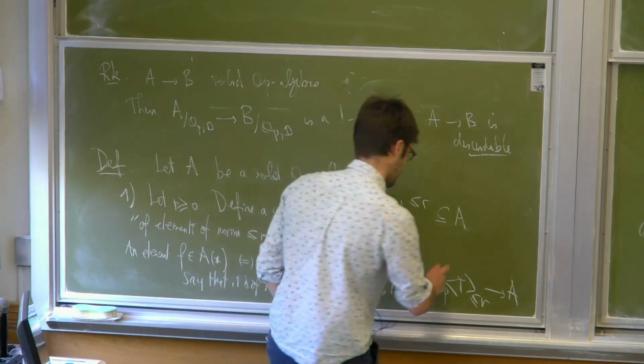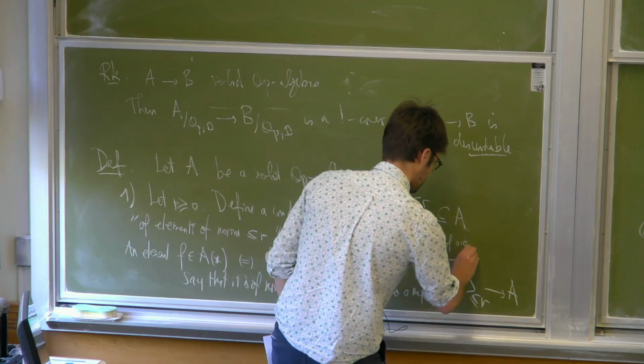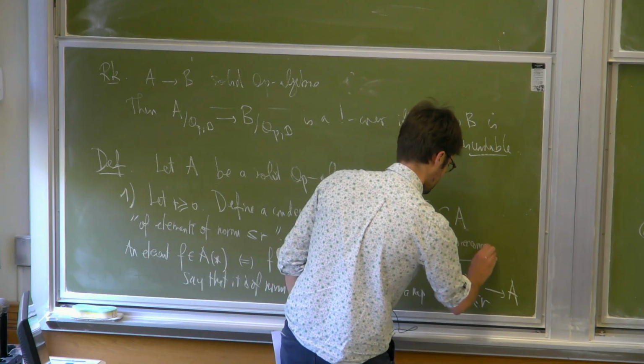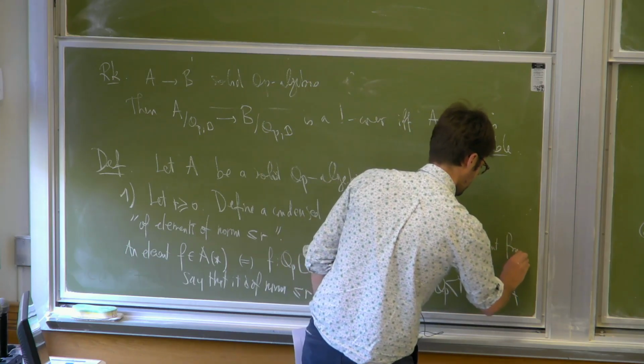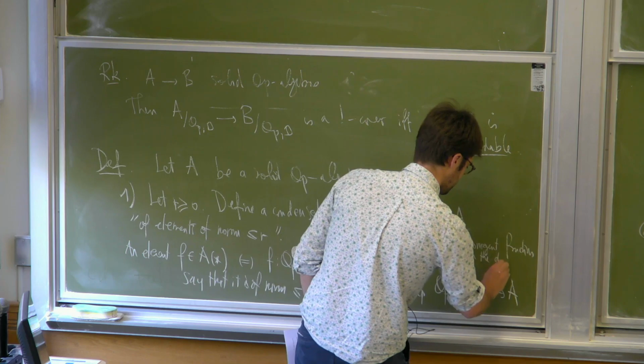And what is this? It's just the algebra of overconvergent rigid analytic functions on the affinoid disk of radius R.